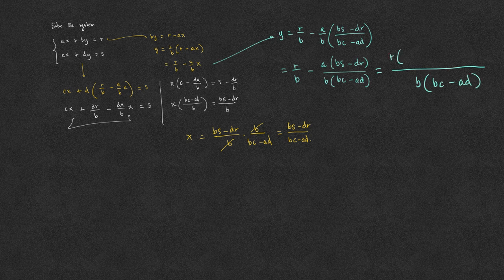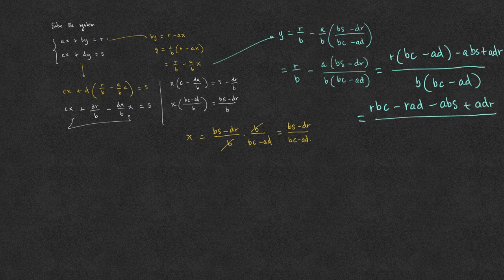So we take r times bc minus ad, minus abs plus adr. This is rbc minus rad minus abs plus adr over b times bc minus ad. And we see that we can cross out rad negative and adr positive.